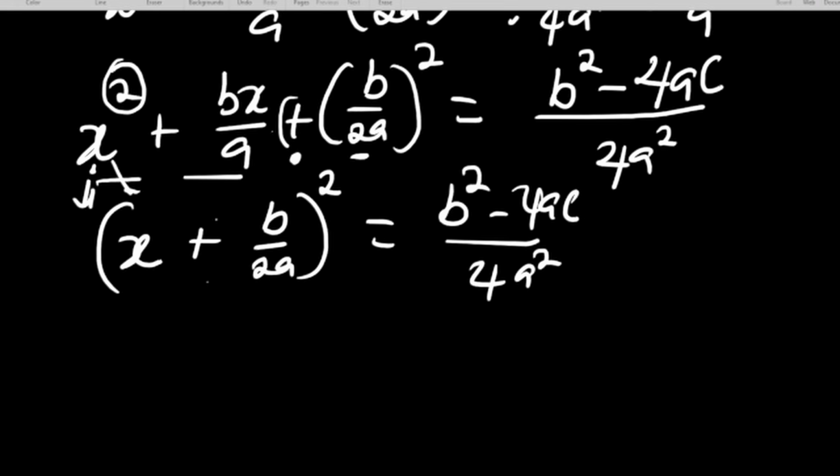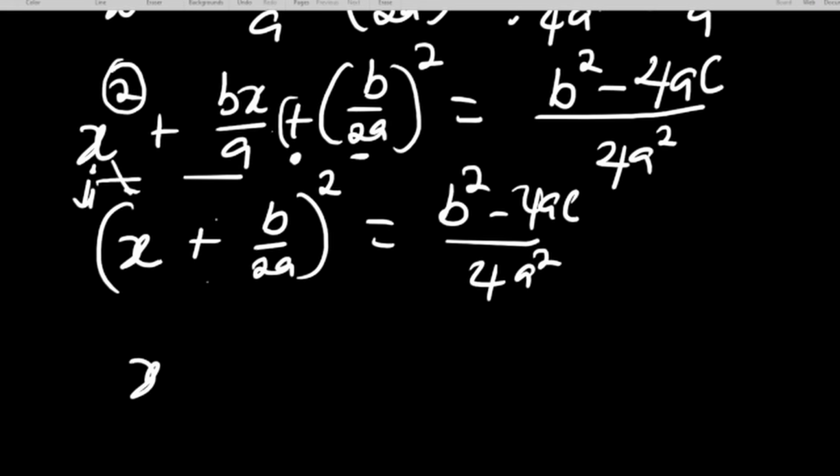What do we do next? We can see clearly that we have a square on the left. So to remove this square, we're going to introduce the square root property by taking the square root of both sides.